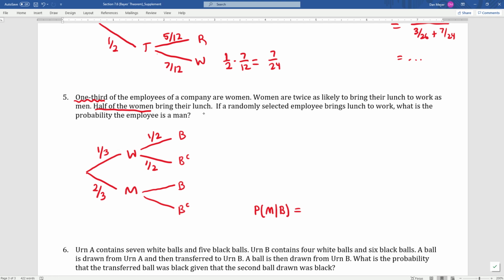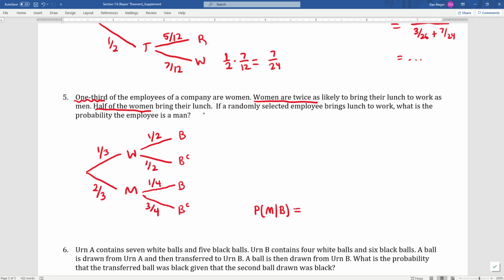It also says that women are twice as likely as men, which I guess means that men are half as likely as women. So if our randomly selected employee is a man, the probability that he brought his lunch will be half of the probability of the woman, 1/4. And the probability that he didn't bring lunch is 3/4.